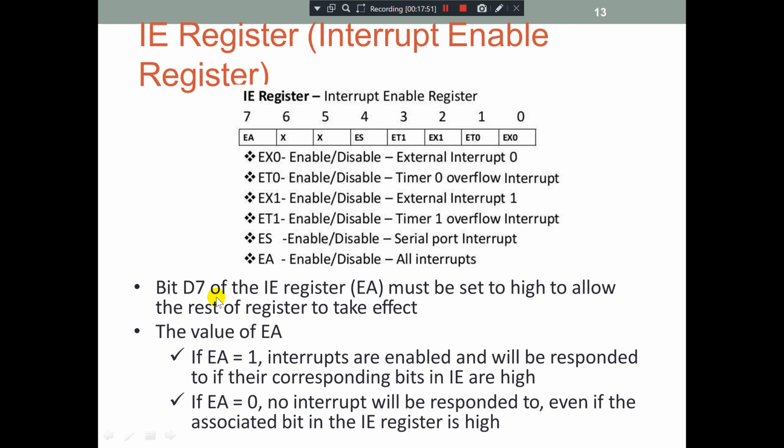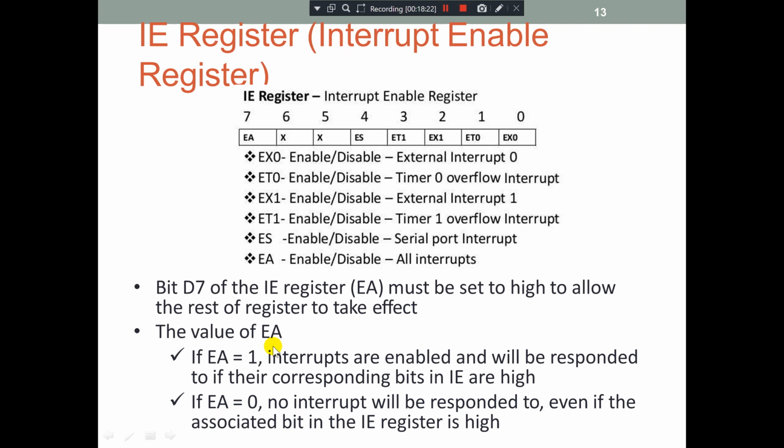Bit 7 of the IE register, EA, must be set high to allow the rest of the register to take effect. If EA is equal to 1, the interrupts are enabled and will be responded to if their corresponding bits in IE are high. If EA is equal to 0, no interrupt will be responded to, even if the associated bit in the IE register is high.